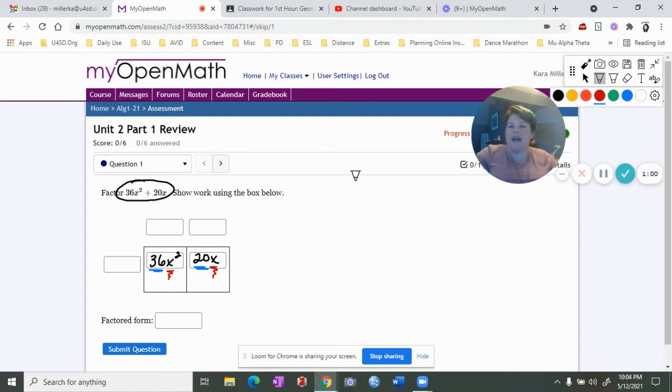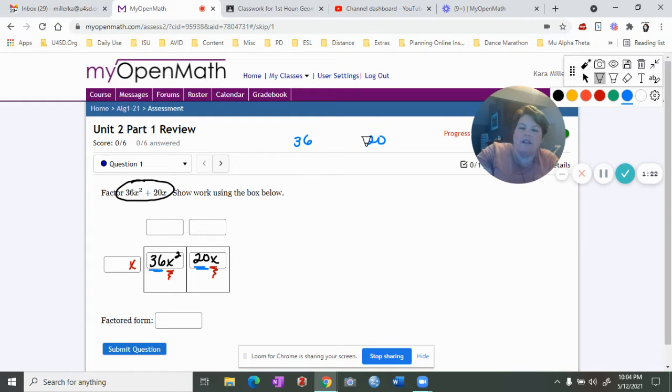You might see that they share an x. So I can factor that out, okay? But 36 and 20 might be a little bit trickier. So let's look at that.